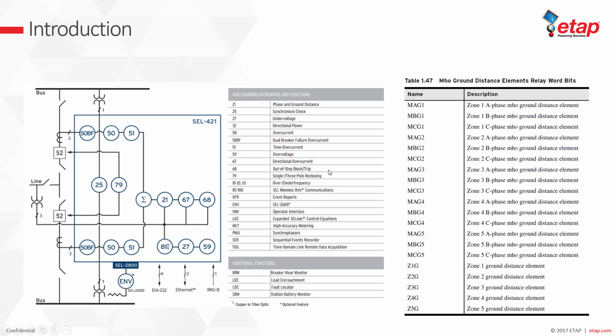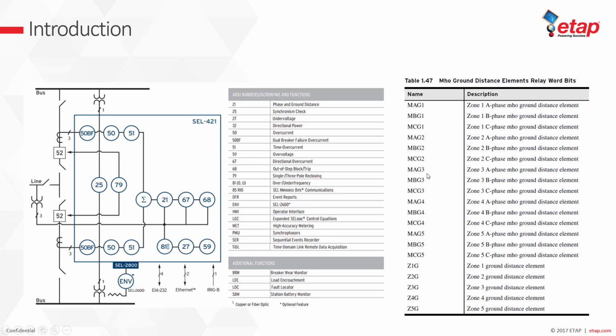Here is an example of a distance relay including several protection elements such as distance 21, overcurrent 50/51, undervoltage 27, directional overcurrent 67, and many more. Each protection element may have plenty of outputs.